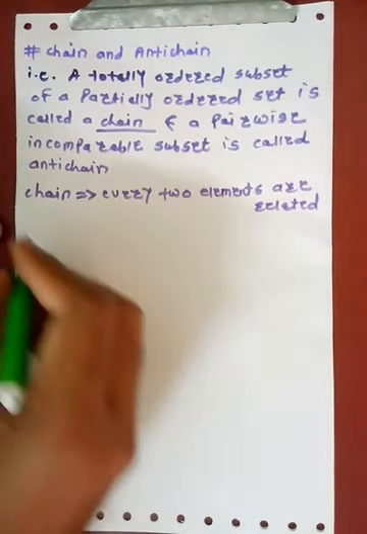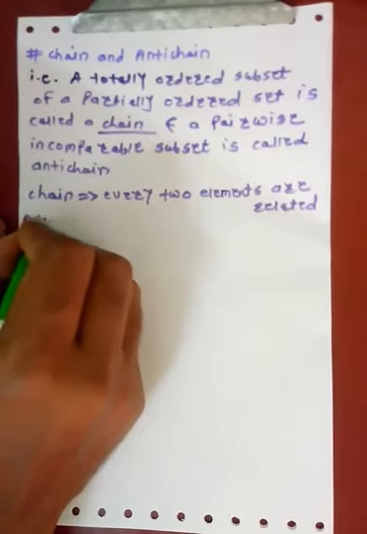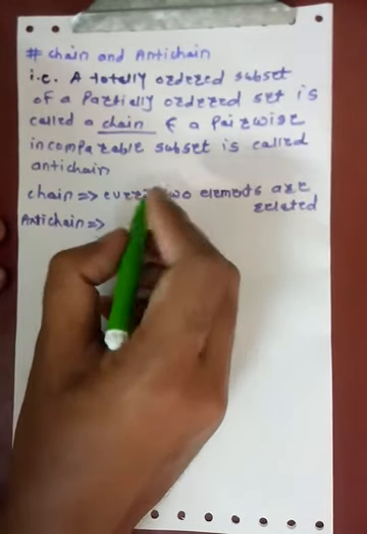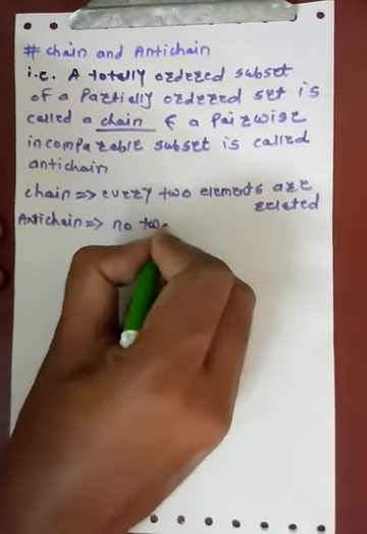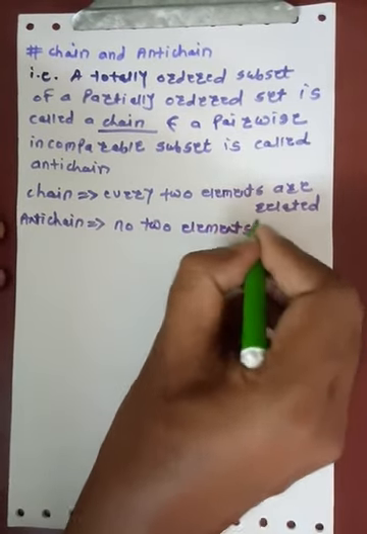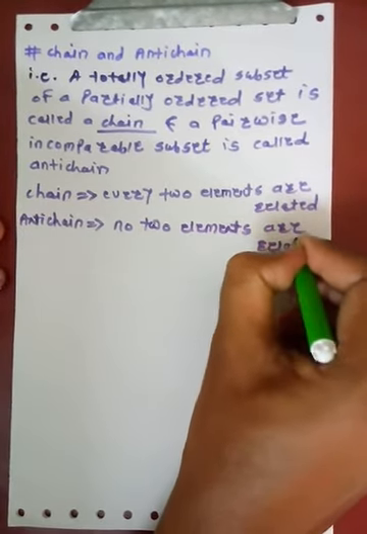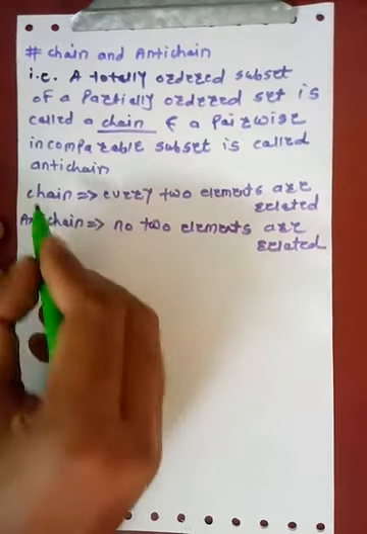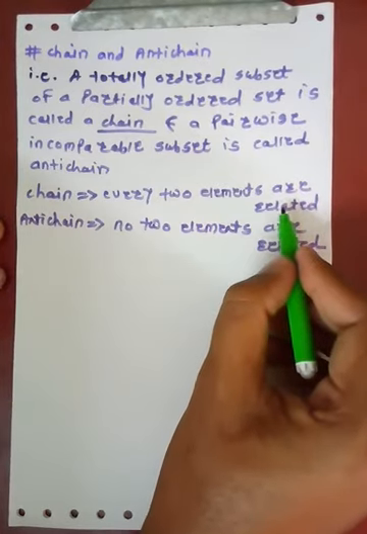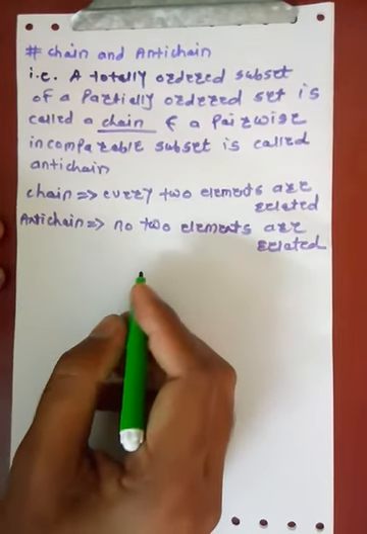Every two elements are related, and in an anti-chain no two elements are related, right? In short, we can say that a chain is nothing but every two elements are related, and in an anti-chain no two elements are related, right?